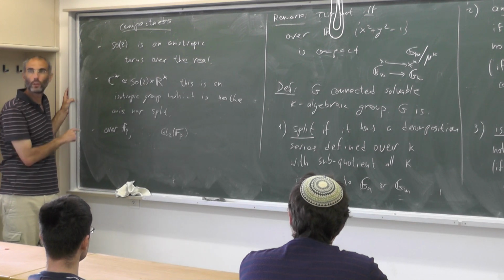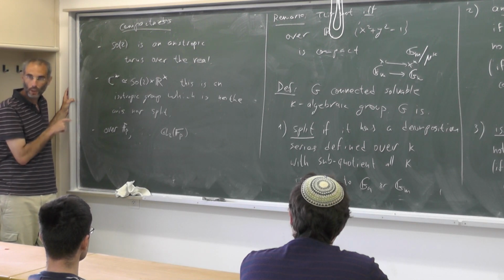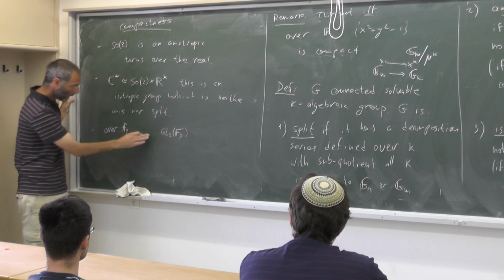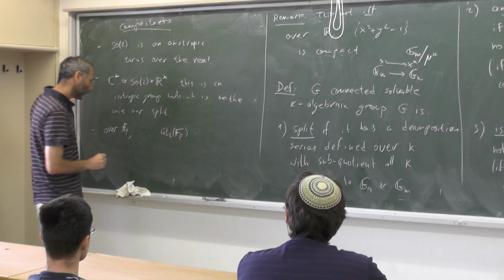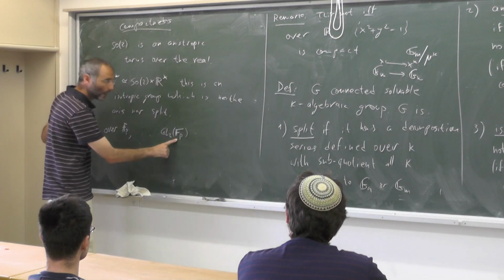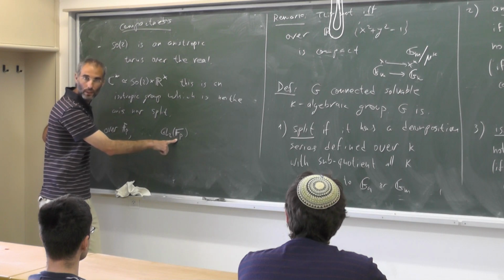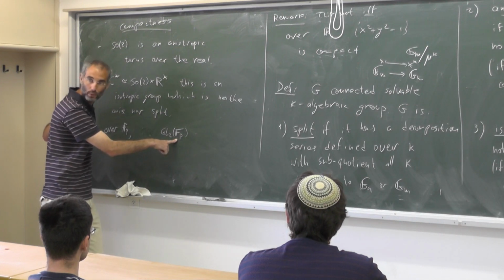But now I'm going to give you another torus. It will have another set of points. And I will leave it to you to see that this is a torus. So GL2 is the invertible linear transformations of F_p squared.